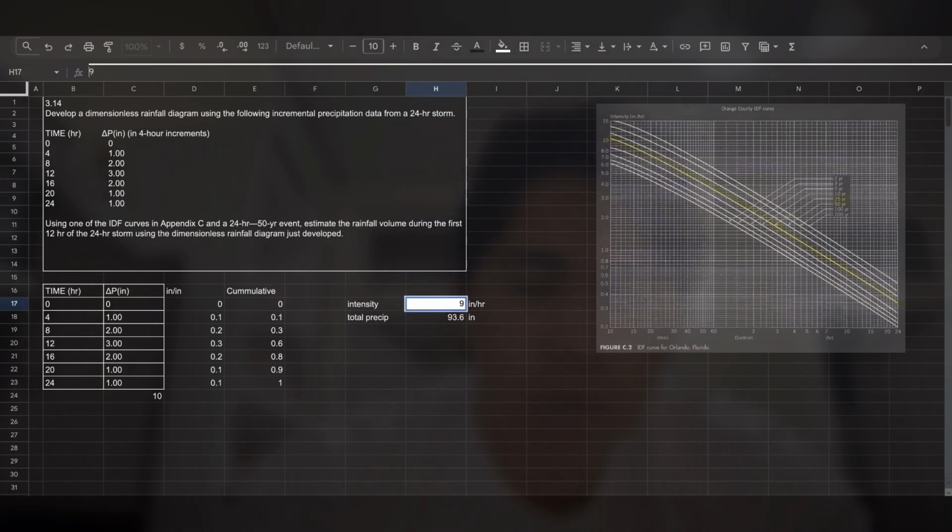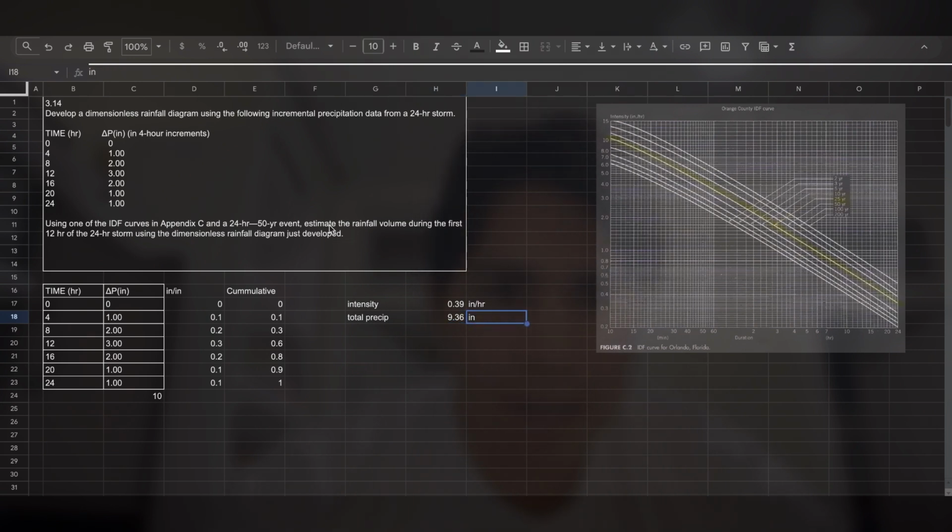Sorry, this is not 3.9, this is 0.39, because we get 0.39 right about here in the IDF curve. So we get 9.36 inches in the case of a 50-year return period storm. If the storm lasted 24 hours, the total precipitation would be 9.36 inches.